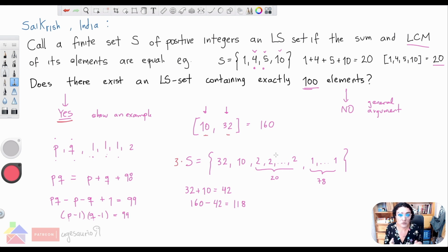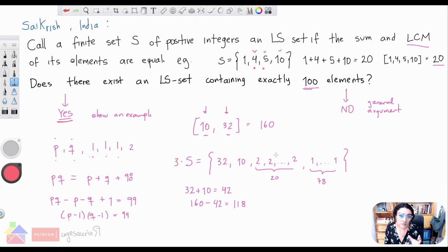So the sum is 3 times the sum we had, and the least common multiple is also 3 times more because we added a 3, a new factor we didn't have. But we could do this with 7, or with 11, 13, any number that is relatively prime to this. So if we have one, we have infinitely many.